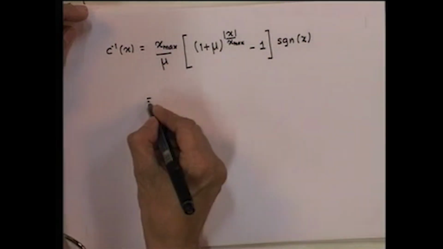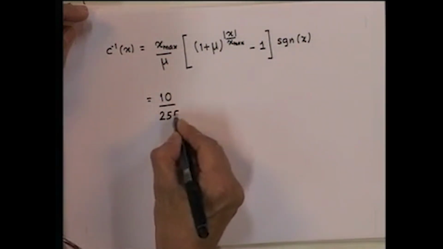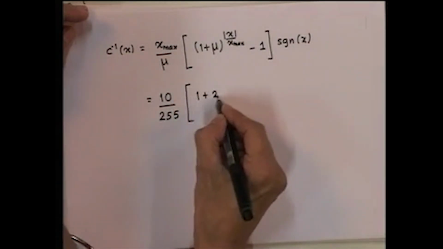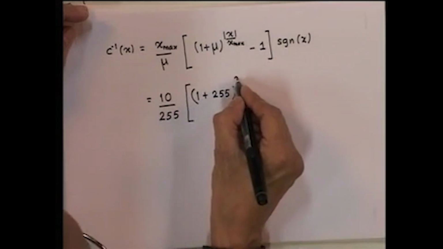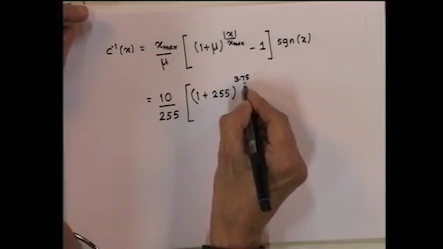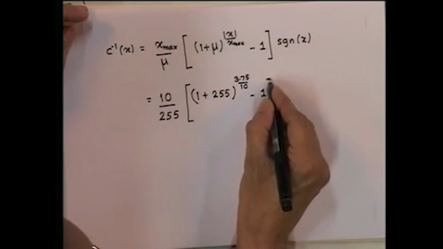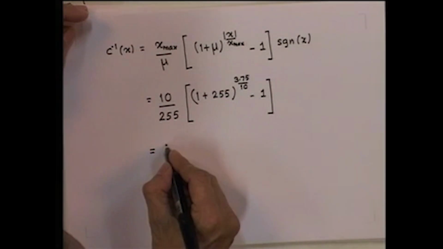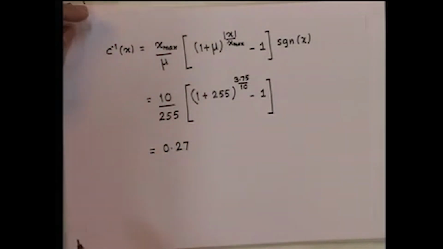So, this is equal to, and this can be evaluated as 0.27.